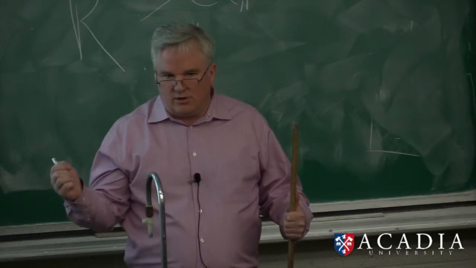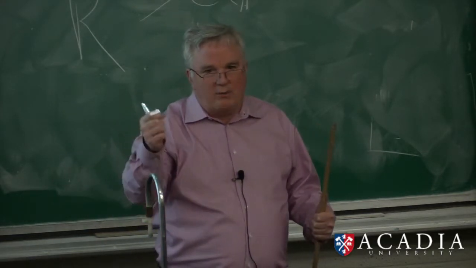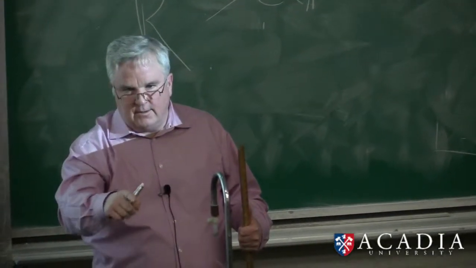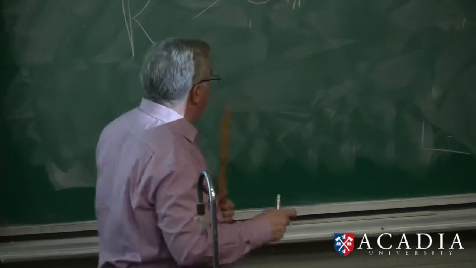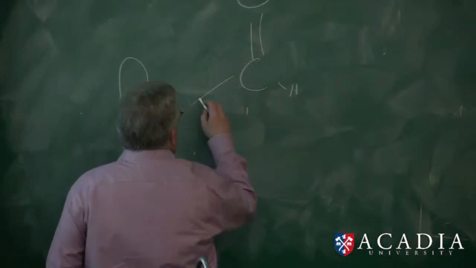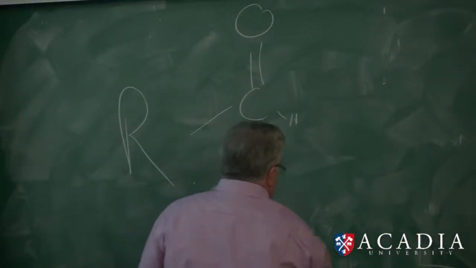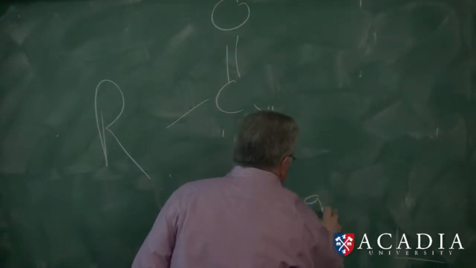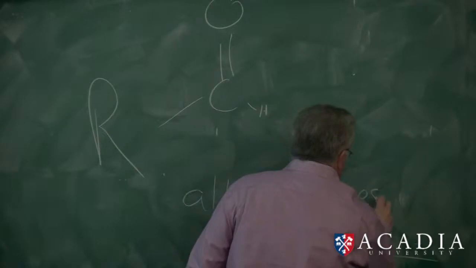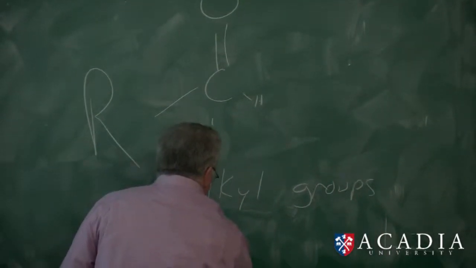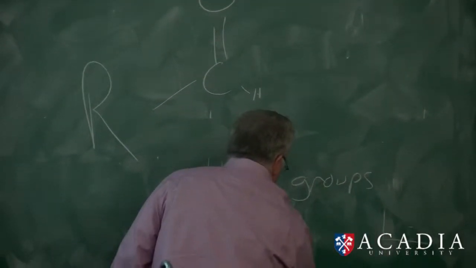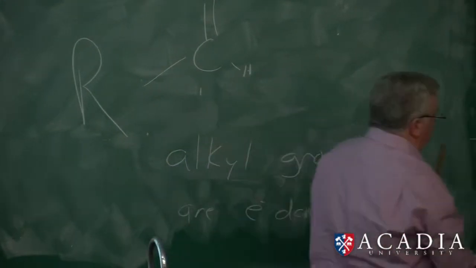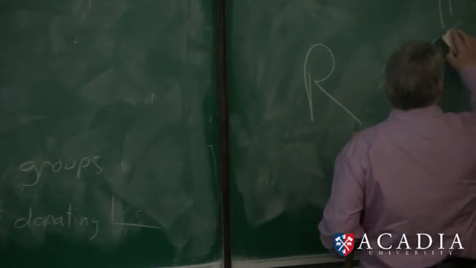Primary, secondary, or tertiary? Tertiary. Why were they more stable? That's right. Alkyl groups are electron donating.